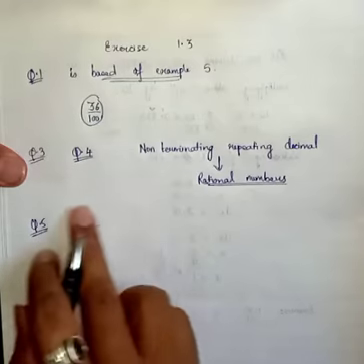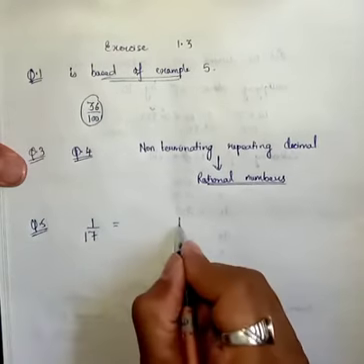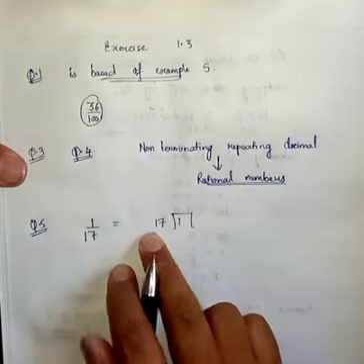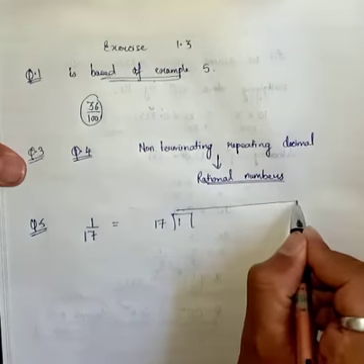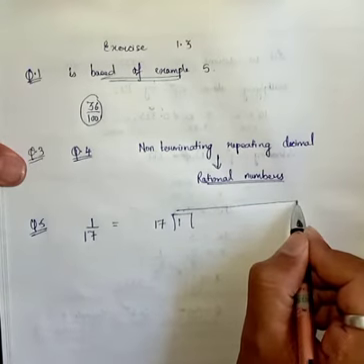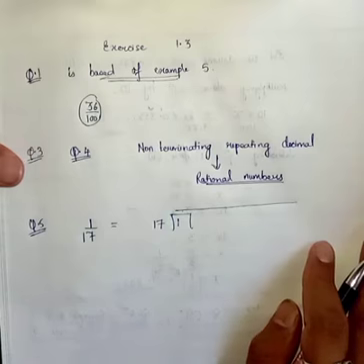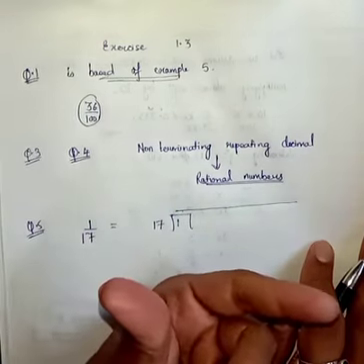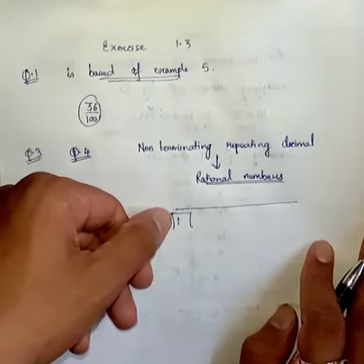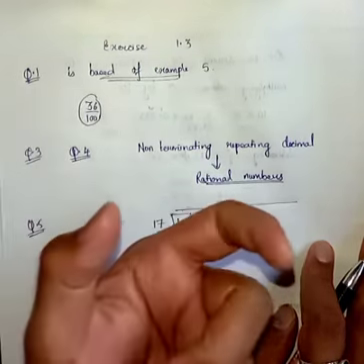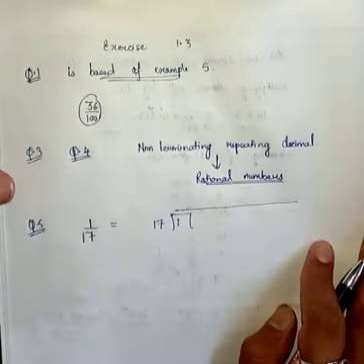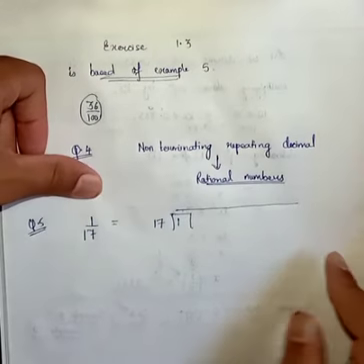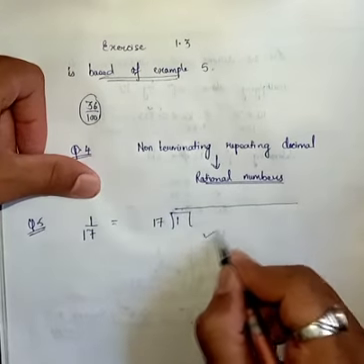So simply you have to divide 1 by 17 and find out the decimal expansion, how many numbers are being repeated and after what period, right? Once you find a remainder the same as a previous remainder, you stop and show that this many numbers are being repeated. It is a very long division, decimal expansion type of division. So perform this.